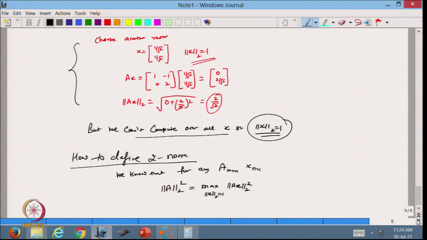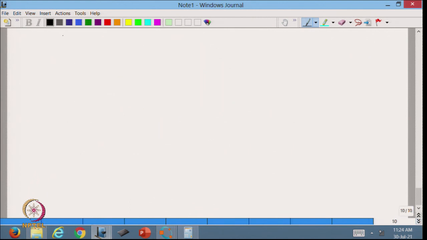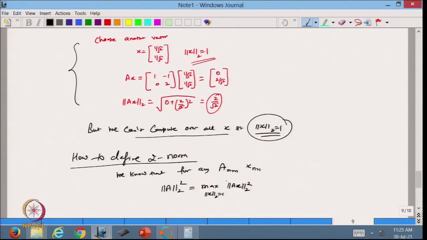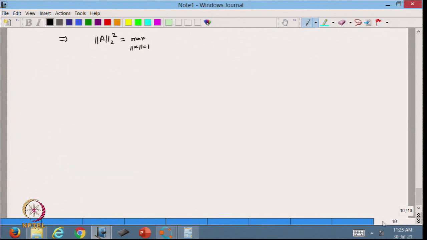Now, from here this can be written as the maximum of norm of Ax square, and then I can take the definition of inner product, because the Euclidean norm is a norm induced from the inner product, that I know.